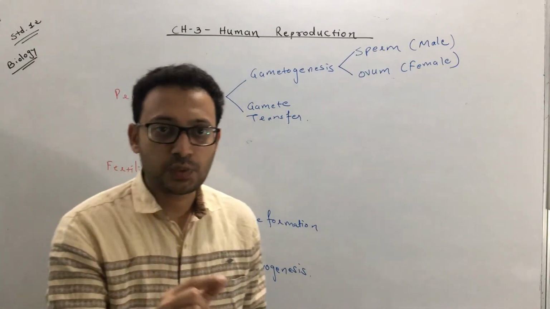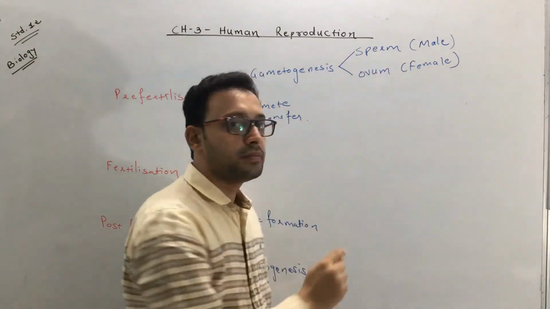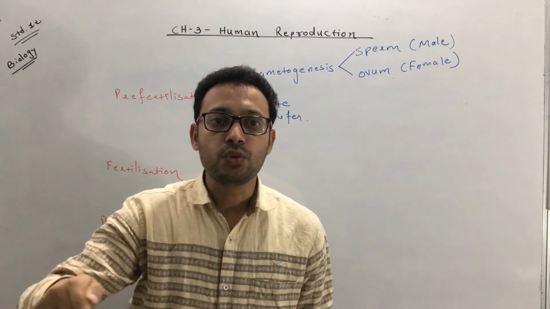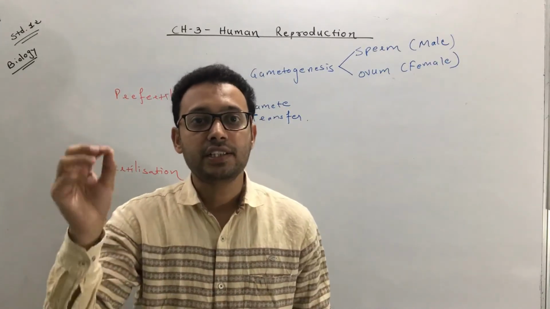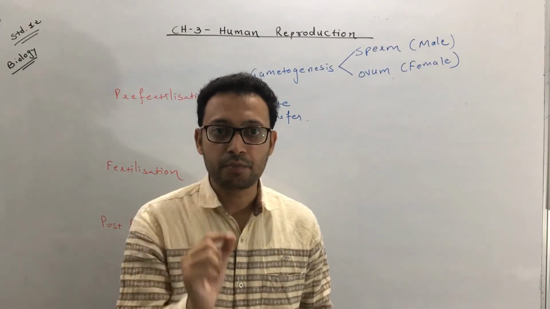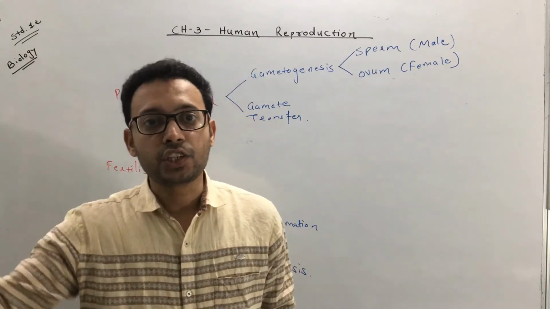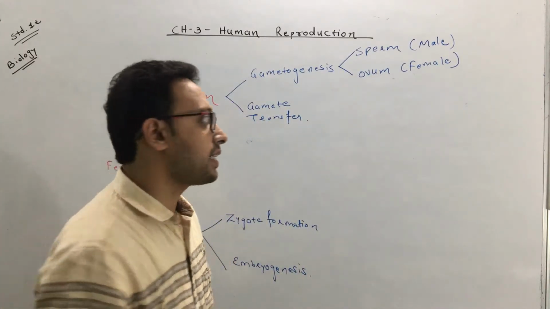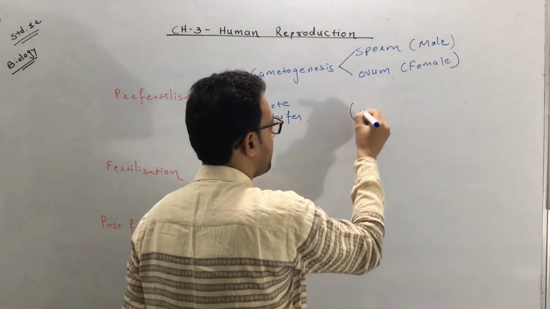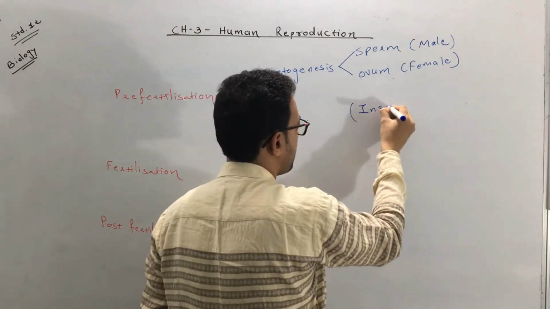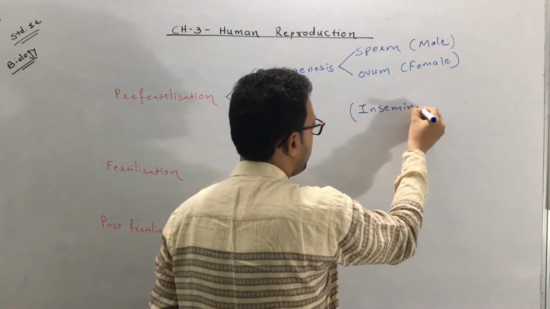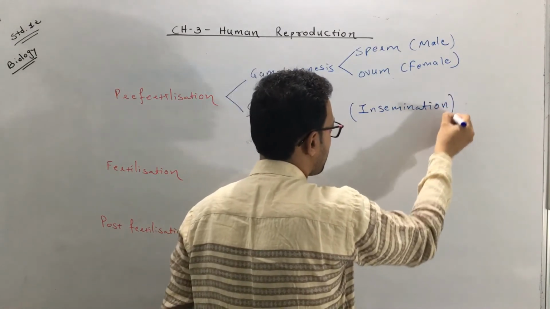Okay, so the transfer of this male gamete, the sperm, and its deposit into the female genital tract. I again repeat, the transfer of the male gamete, sperm, into the female genital tract. This transfer process is called insemination.